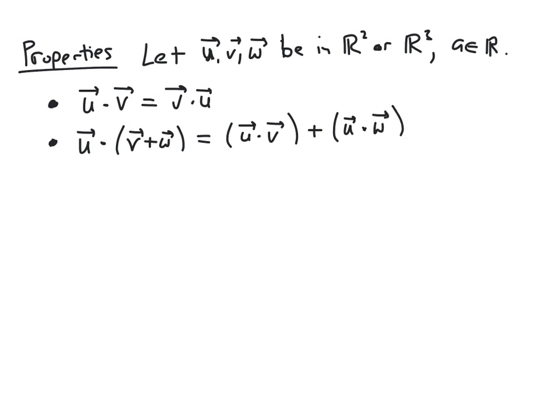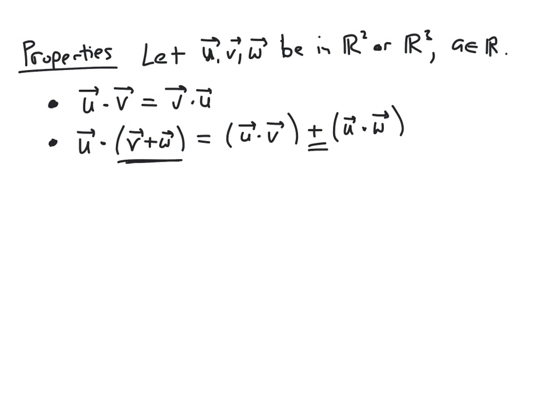Now, one thing to be a little careful about here with this particular property, all three dots do mean dot product, but the two addition symbols here mean different things. So, for example, on the left side here, we have this addition of two vectors, v plus w. That means vector addition. But over on the right side, I have the addition sign here.